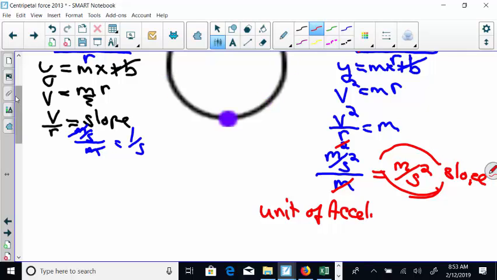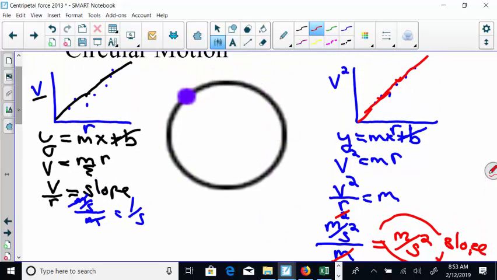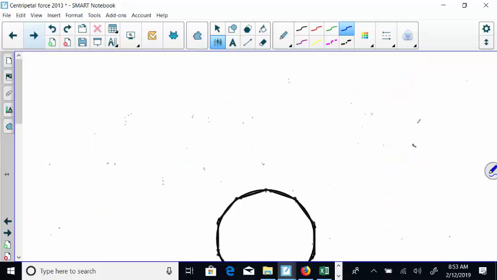Since that is the unit of acceleration, what is happening here when this object is spinning around this circle is that it is actually accelerating. But wait, how can it be accelerating if we are moving at constant velocity? You should have been very specific with this in terms of it moving at constant speed.